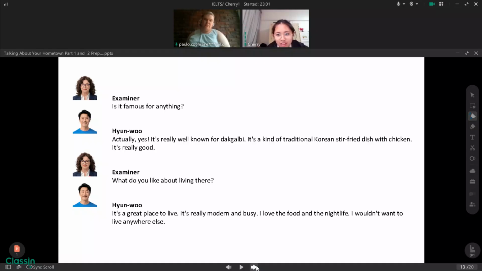It's very good. Okay, so it's a traditional Korean stir-fried dish with chicken, mixed with vegetables and noodles. It's called Dakgalbi. Remember the word? It's a traditional stir fry dish with chicken. It's really good. So remember that because it will be asked in one of the questions.